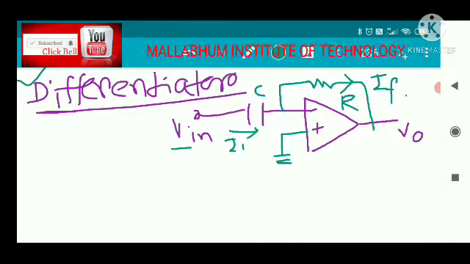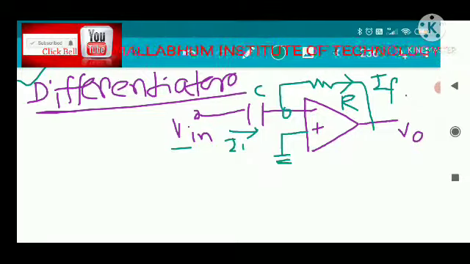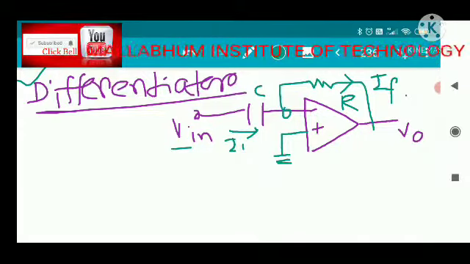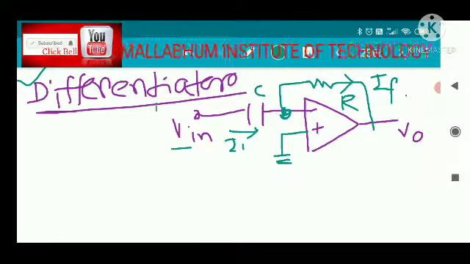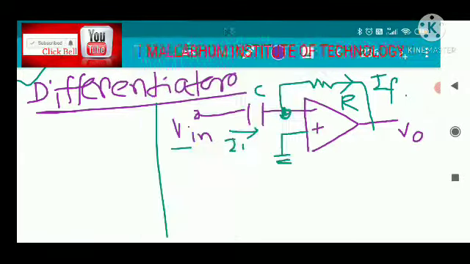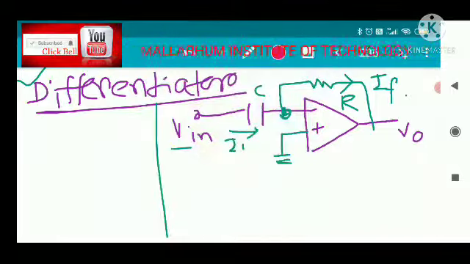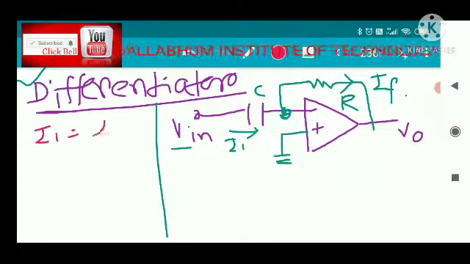The same concept applies: the op-amp is ideal, and the open loop gain of the operational amplifier is infinite, so we can use the virtual ground concept. Due to the virtual ground, this potential is also 0 volt. Applying KCL at this node, we find that I1 is equal to IF.